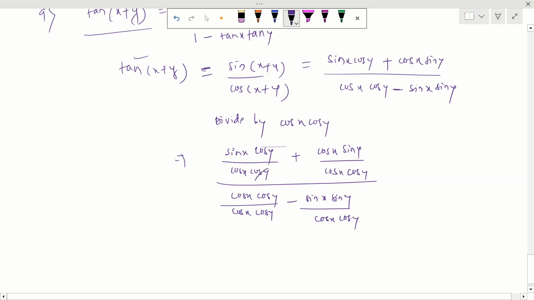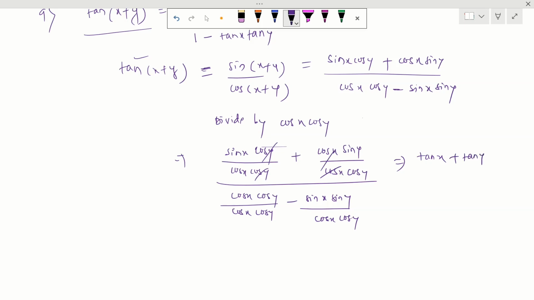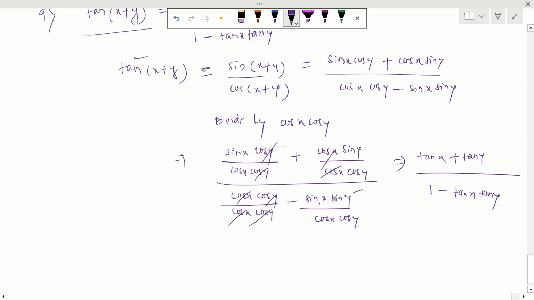Here cos y by cos y will get cancelled, and sin x by cos x is tan x, and cos x cos x gets cancelled. Sin y by cos y is tan y. In the denominator it is 1 minus sin x by cos x, which is tan x, and sin y by cos y, which is tan y. Sin by cos is tan. Now this is proved, hence the ninth one is proved.